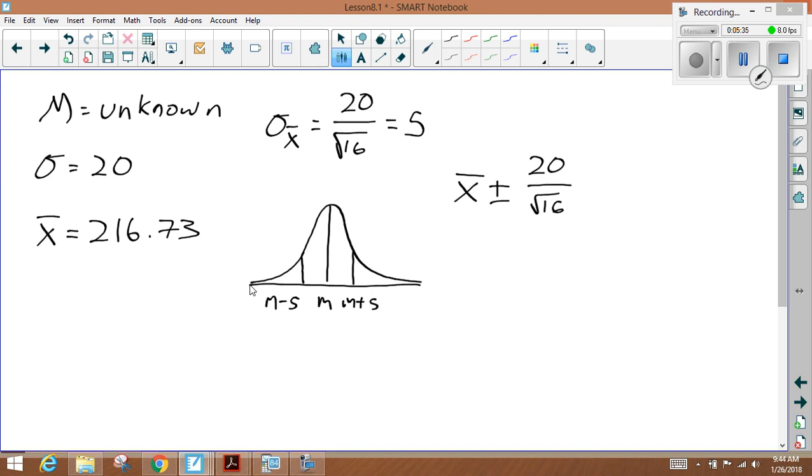So maybe that's not good enough, right? So we could expand our interval. What percentage of our data is in this interval? 68%. So let's represent 68% error, right?